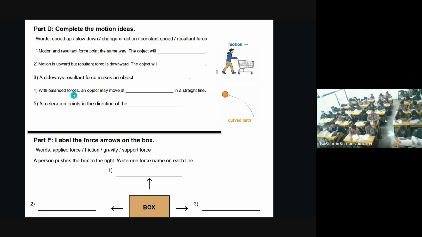With balanced forces, an object may move at constant speed in a straight line. And acceleration points in the direction of the resultant force.